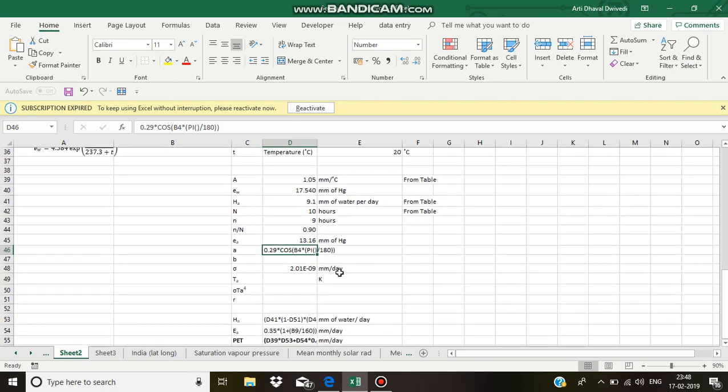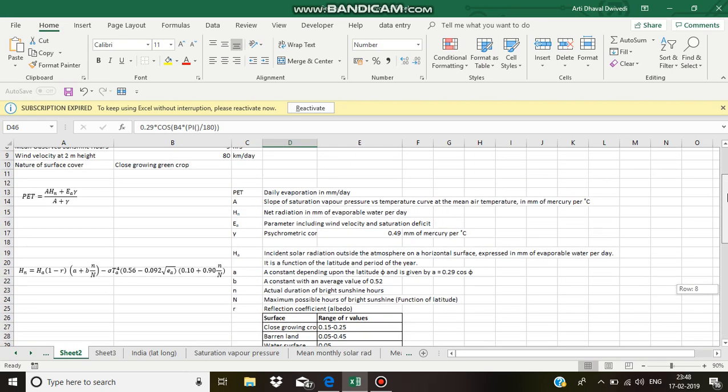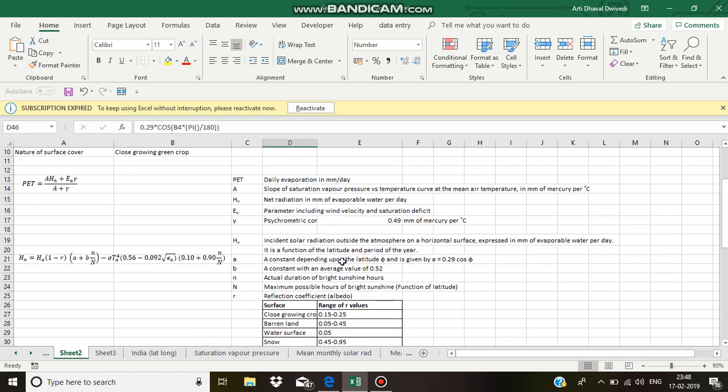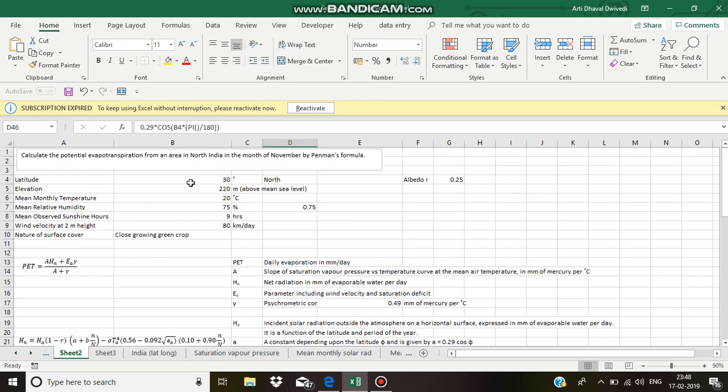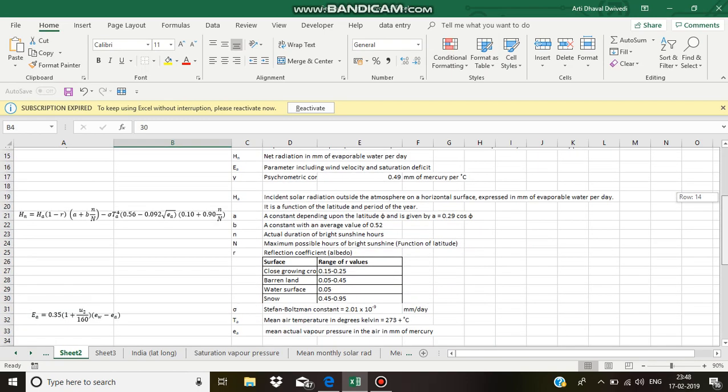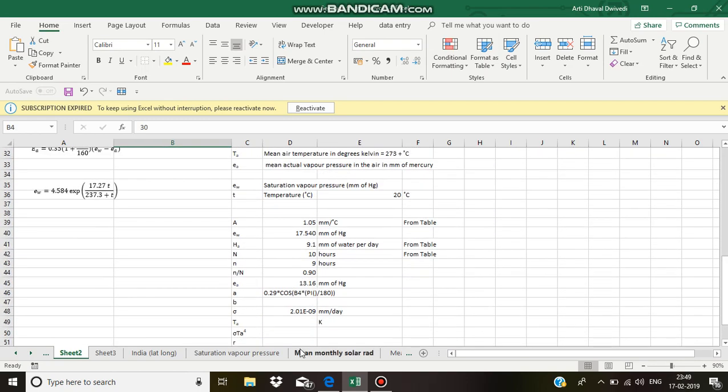Now we'll be obtaining all these constants. Small a, constant depending upon the latitude, is given by a equals 0.29 cos phi. Now latitude is 30°. So we'll use this equation, 0.29 into cos B4.